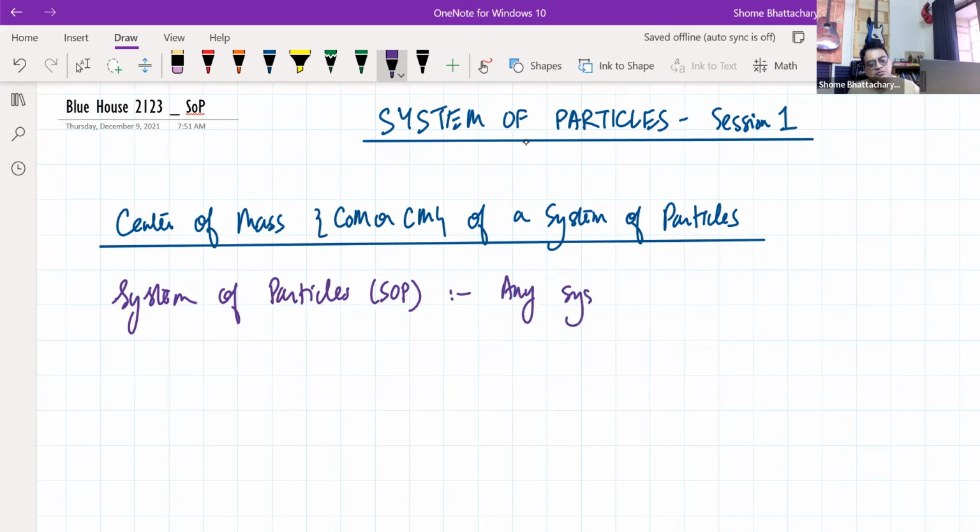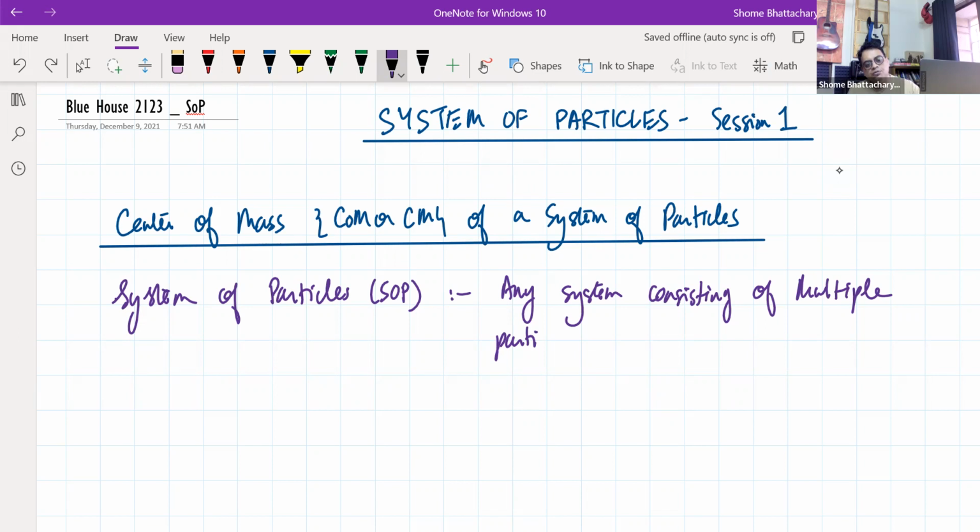Any system consisting of multiple particles is a system of particles. For example, any rigid body is an example of a system of particles.